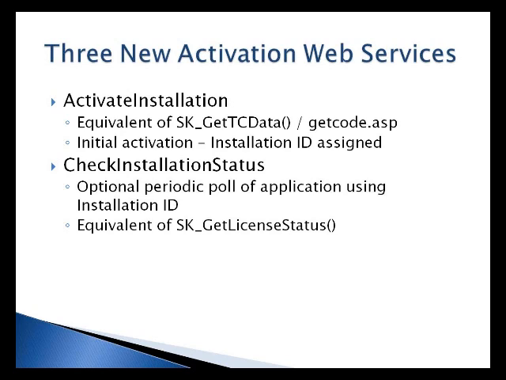This web method will return the status information on that given installation. It does allow additional optional parameters to be passed up during this request, such as the product version, and you'll see an example of that in a little bit.